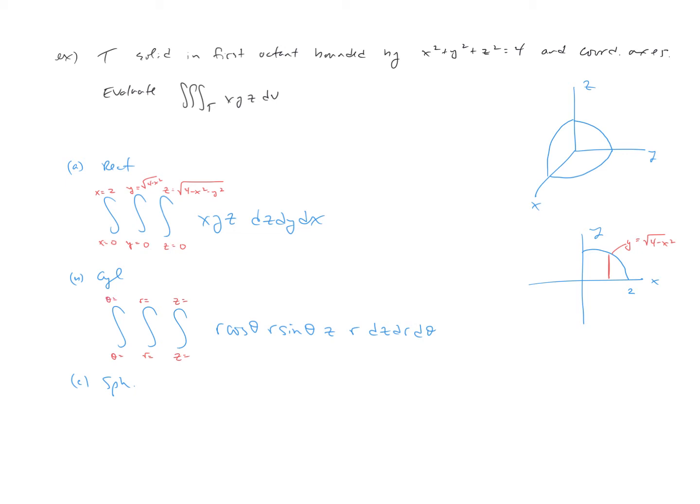Now remember, the z here is the same z as right here. So we'll be able to start here at 0, but I can't put in this quantity for this. Since we're using r, thetas, and z's, I can't have x's and y's. But much like you saw in a previous example, this is going to be the square root of 4 minus r squared right here.